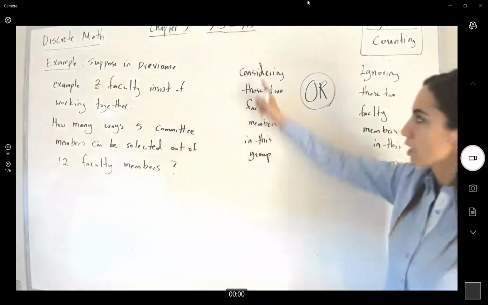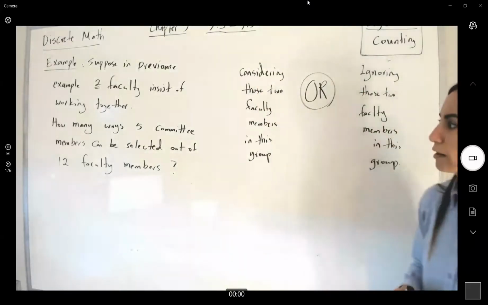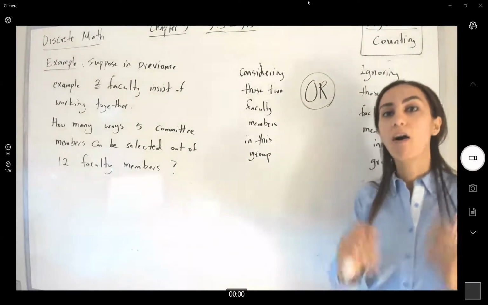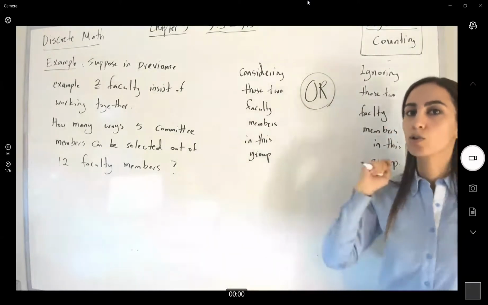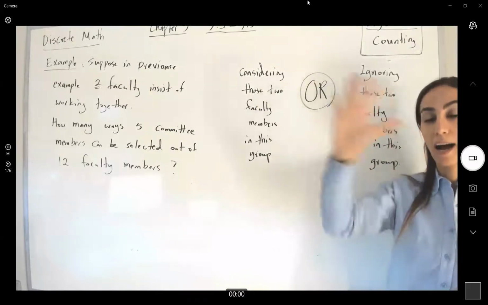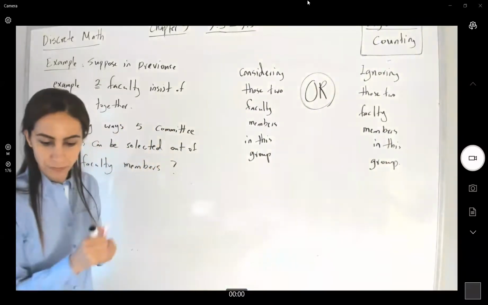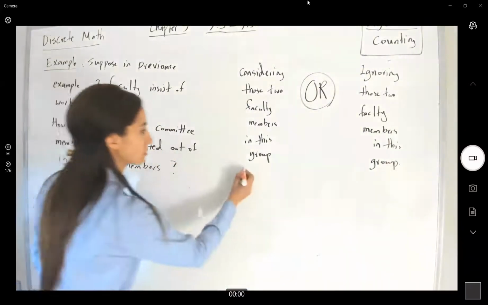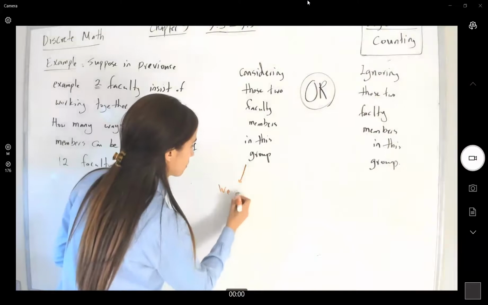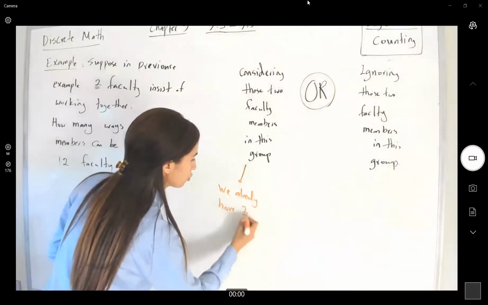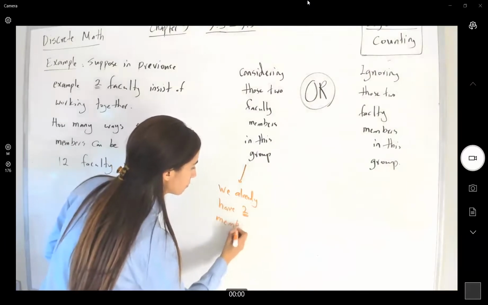So if I consider those two faculty members in this group, it means that I already have selected 2 out of 5. I already have 2 members.